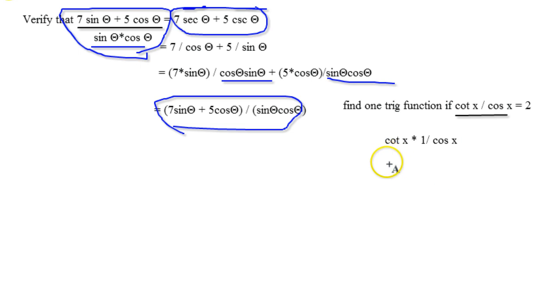And cotangent of x, if I look back at my remembrance stuff, is cosine of x divided by sine of x, and then it's times 1 over cosine of x.